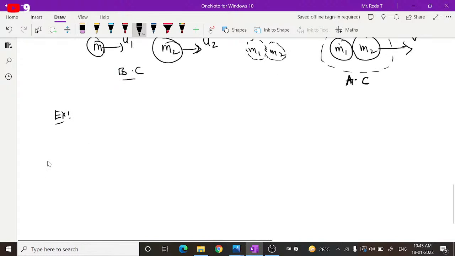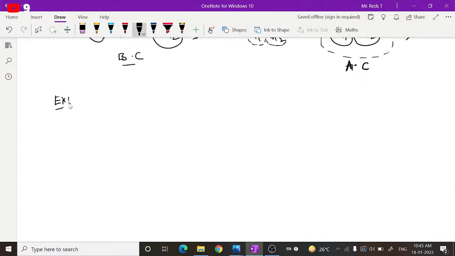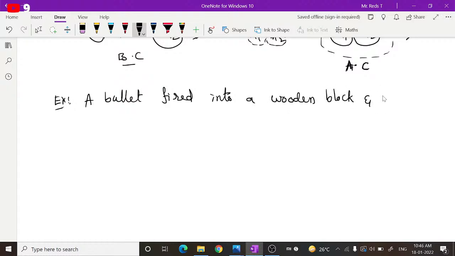Now let us try to discuss a few points. You can write down this example for a perfectly inelastic collision. What is that? A bullet fired into a wooden block, and both will stick together, and the bullet remains embedded in it.